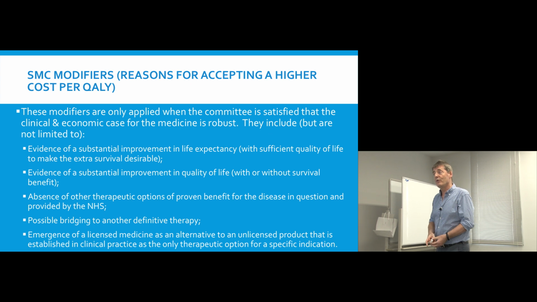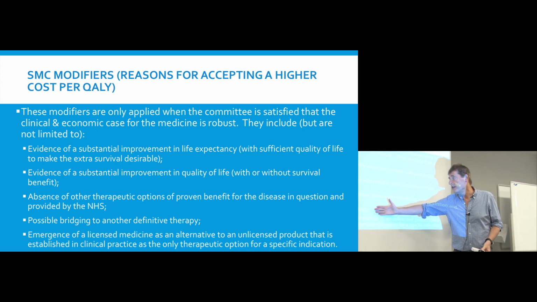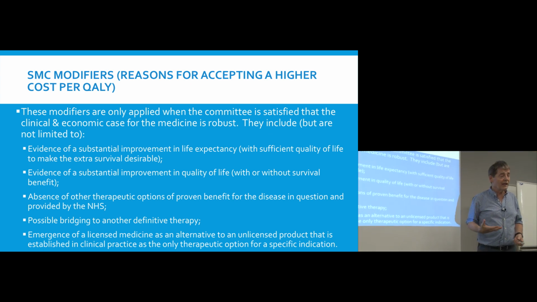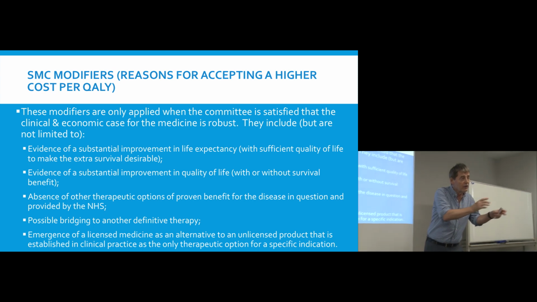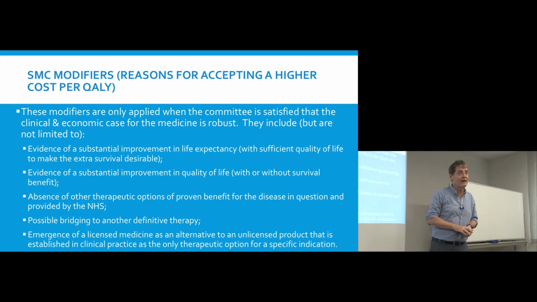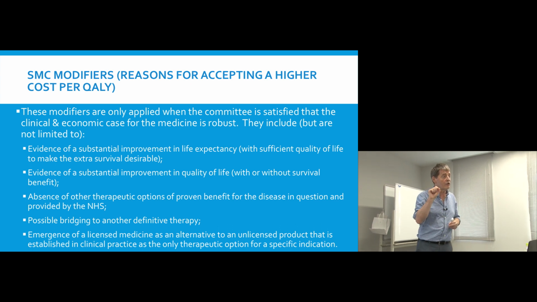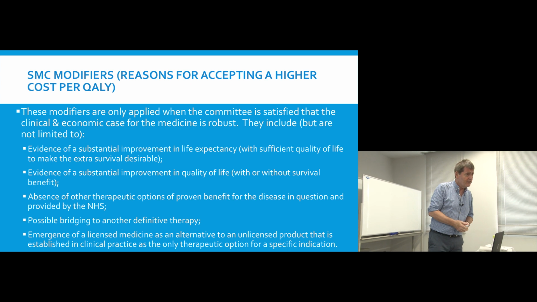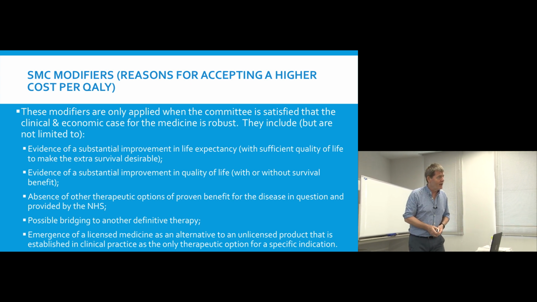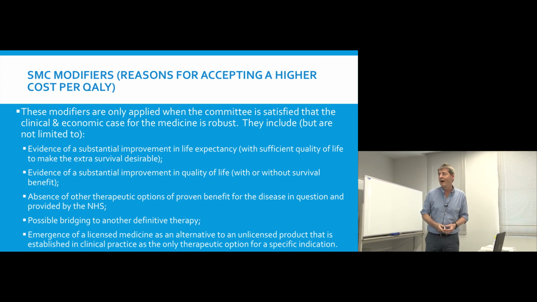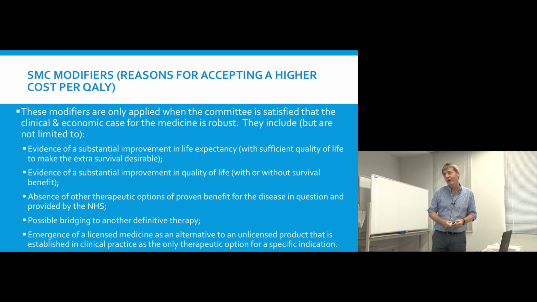So for example, if the drug you're looking at is a bridge to some definitive therapy, for example, a bridge to transplant, so this drug keeps you alive or makes you healthy enough to reach transplant, that might be a reason for valuing them a bit more highly.